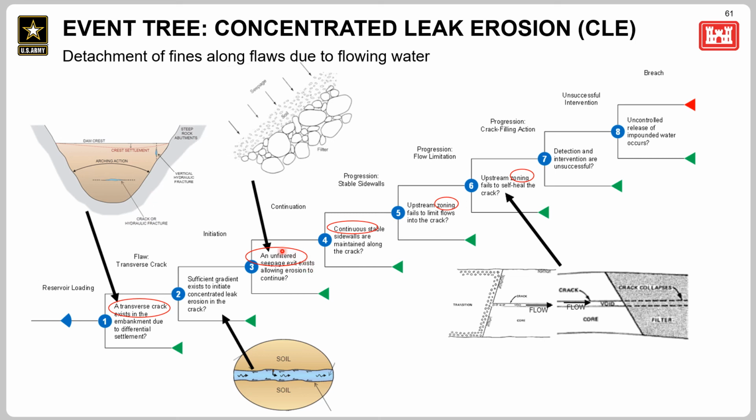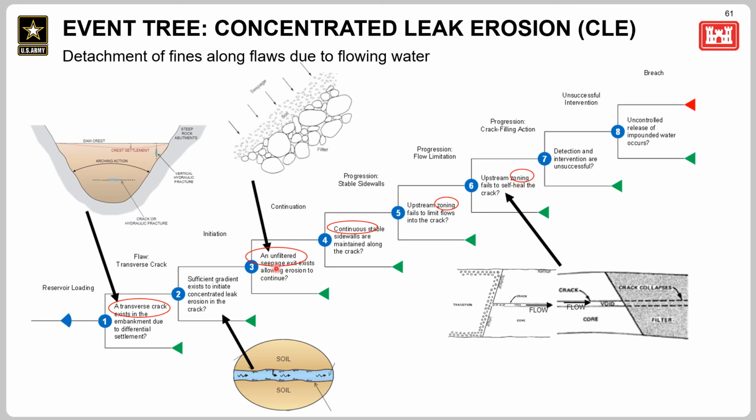And again, whether material types provide for filtration, whether sidewalls are of the type that will maintain a crack, and whether there's any upstream zoning or any zoning at all that will limit flow or self-heal within the crack.